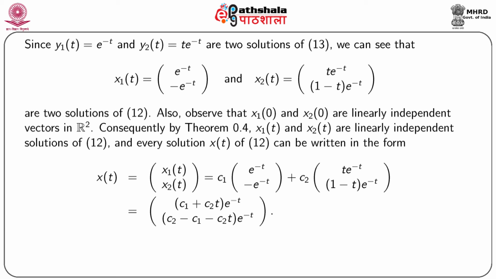Hence, its solutions are e^(-t) and t e^(-t). Since these are the two solutions of (13), it can be seen that x1(t) = (e^(-t), -e^(-t)) and x2(t) = (t e^(-t), (1 - t) e^(-t)) are the two solutions of (12).